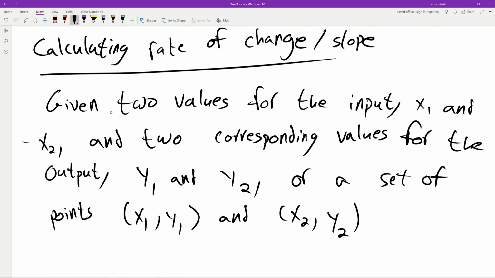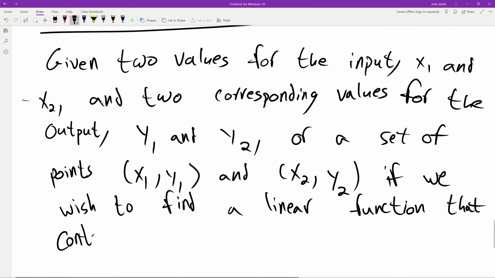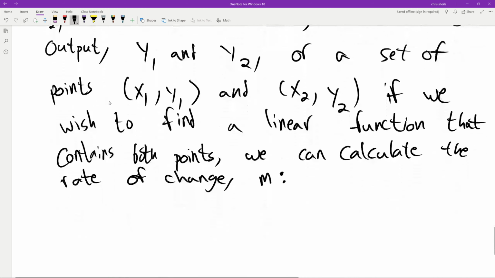If we wish to find a linear function that contains both points, we can calculate the rate of change m by doing the following.